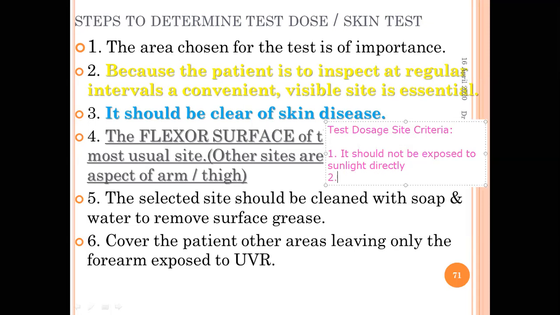And second one is the patient can easily access or can easily view the test dosage site. Okay, this is very much important, my dear students. Please understand, because patients are supposed to see the site again and again.